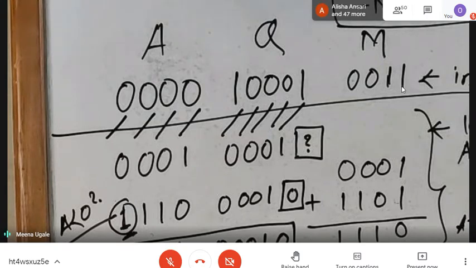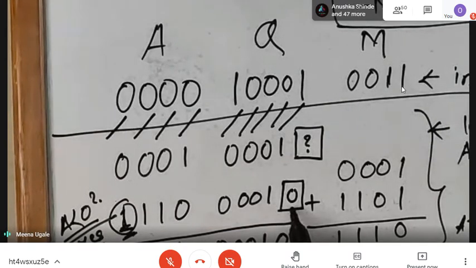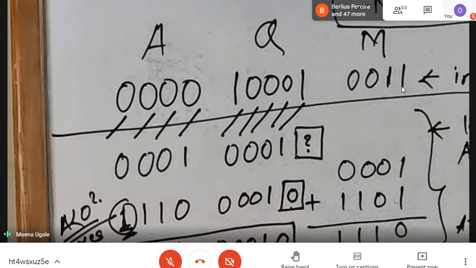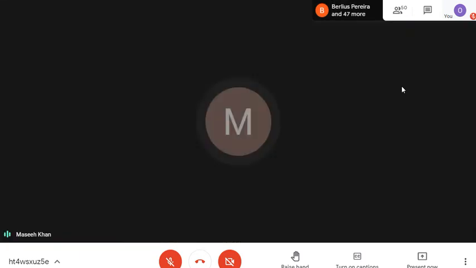When you shift and you subtract, you check for the value, whether A is less than 0 or greater than 0. As I told you, when the MSB sign is showing 1, it indicates it is a negative number. A is less than 0, yes. Then I will write 0 at the Q0 position and go for A equal to A plus M. So, ma'am, 1011 after A minus M, A plus M?